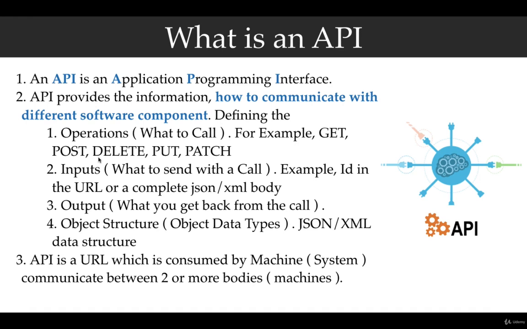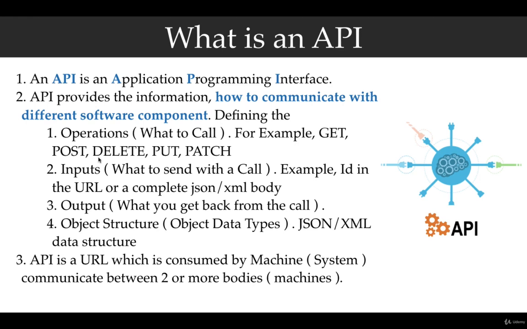The API is returning the order, and that order contains different attributes like order number, when the order was placed, what is the status, what is the total number of units inside that order, and all the items that the order contains. We can also say an API is a URL that a machine consumes to get data or to send data to another machine.